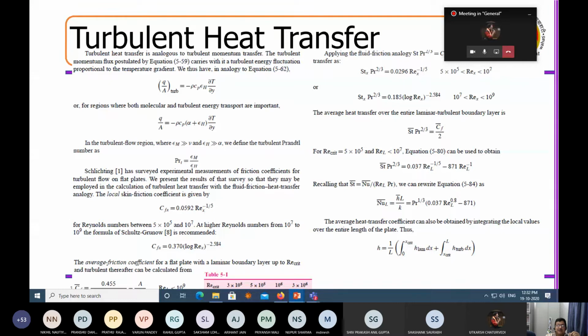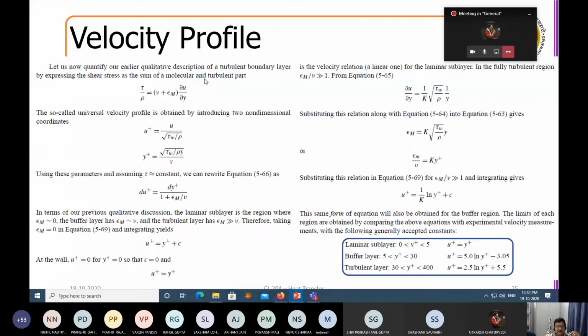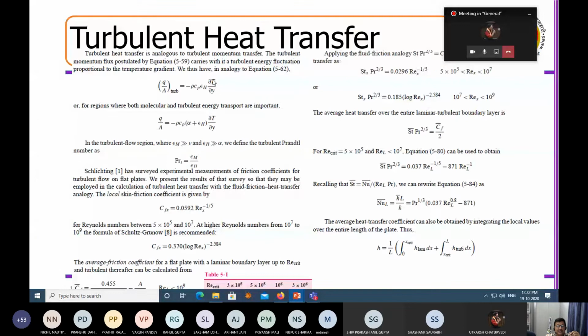So the first step is: suppose you have a turbulent flow, how do I define the heat flux, Q by A? In the thermal diffusivity, I put an eddy heat transfer term. This epsilon H is very similar to epsilon M. I was using epsilon M for momentum, and epsilon H is the eddy viscosity or eddy diffusivity associated with the heat transfer.